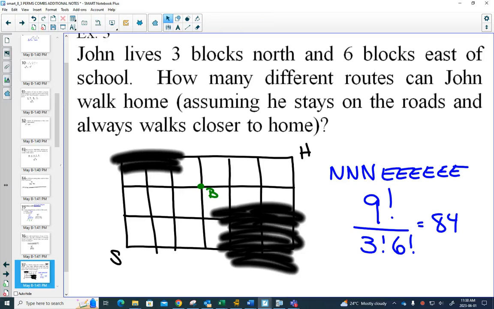So this would be one where we would count pathways. There's 1 pathway here, 1 pathway here, 1, 1, 1. And you can count the pathways to a new intersection by adding the 2 previous ones. So this will be 2, 2 plus 1, 3, 2 plus 1, 3, 3 plus 1, 4, 3 plus 3, 6, 4 plus 6, 10.